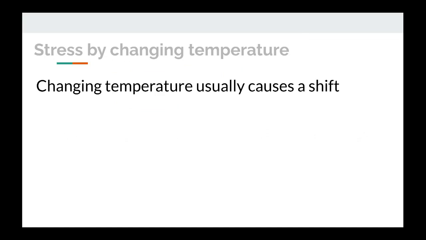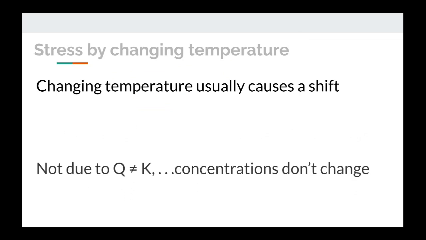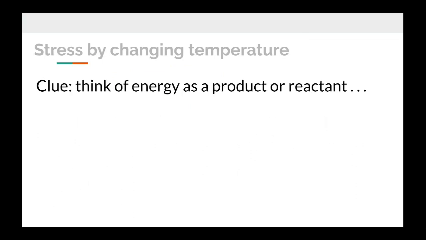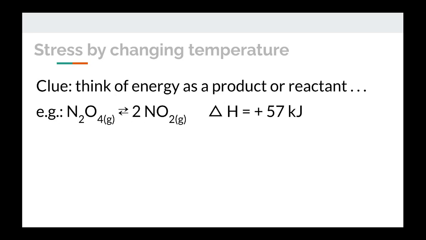Changing the temperature usually causes a shift. And this is not due to the fact that Q drifted from K, because our concentrations aren't changing. We're just changing the speeds of the particles by increasing the temperature. A way that we can make this prediction is thinking about energy as a product or reactant. So in this example, enthalpy change is positive. That means this is an endothermic reaction.